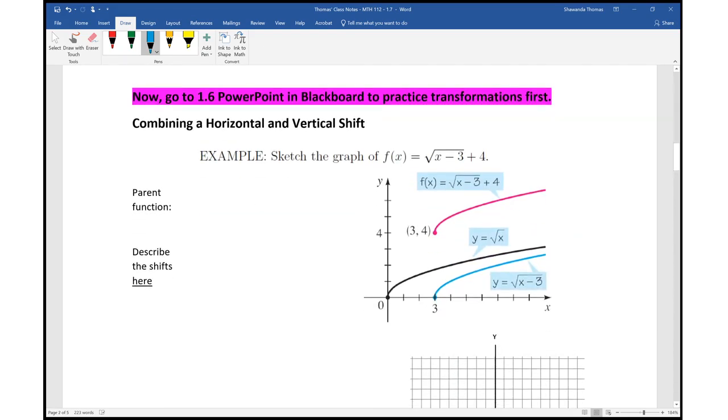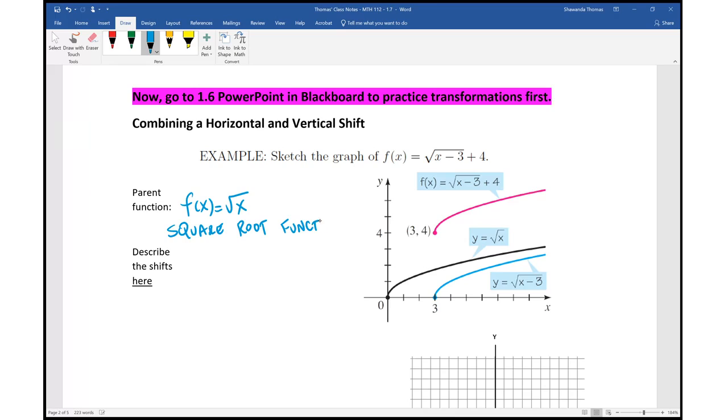Now let's look at an example. F of x equals the square root of x minus 3, plus 4. As you can see, we already have the square root function. That is f of x equals the square root of x. That is our parent function.